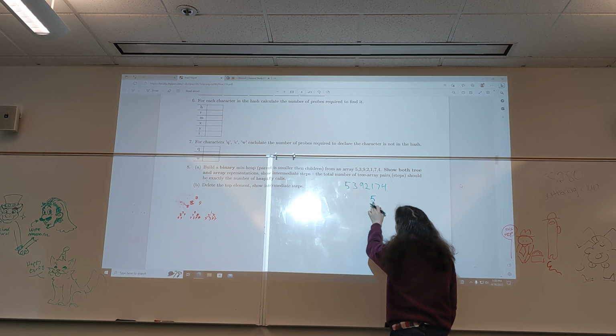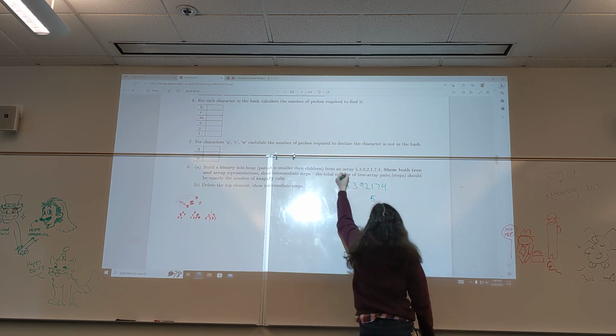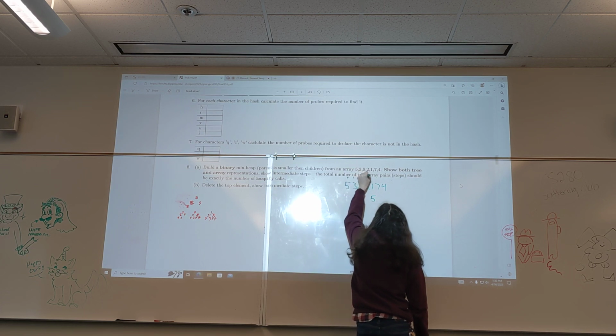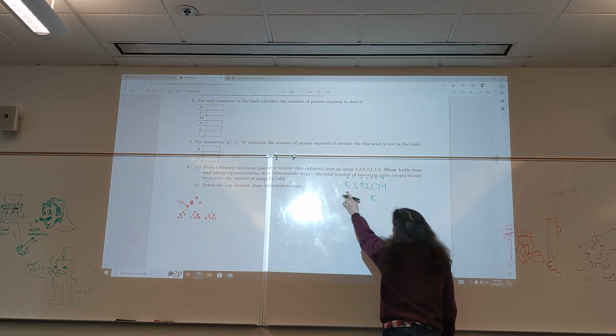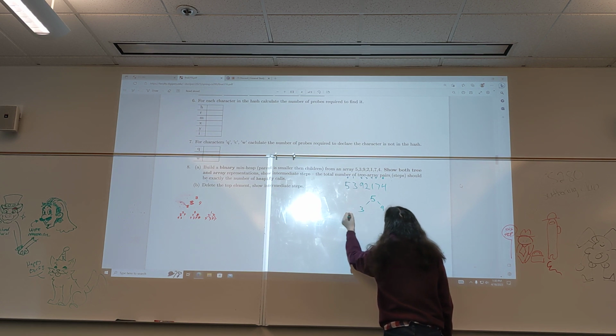Then its left child is going to be 0 times 2 plus 1 is 1. So that's 3. And then its next one is going to be directly after that, and that's 9. Then for 3, it would be 2 plus 1 is 3.